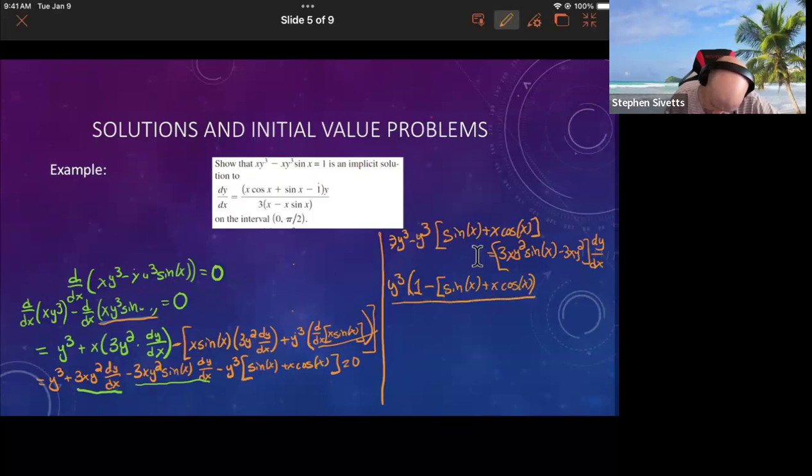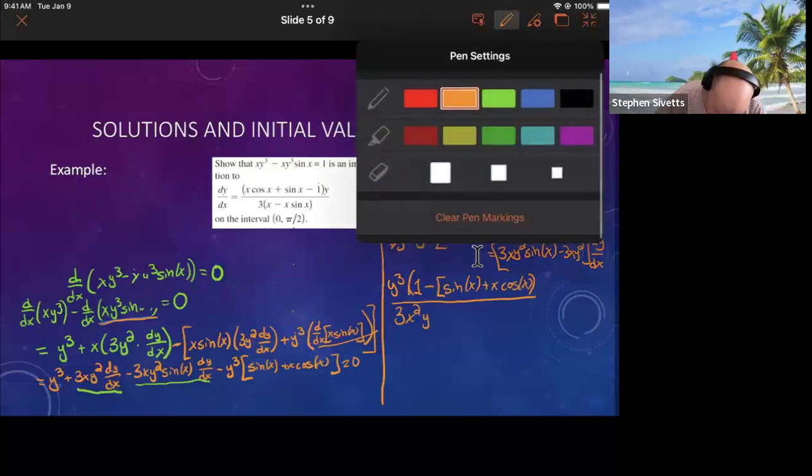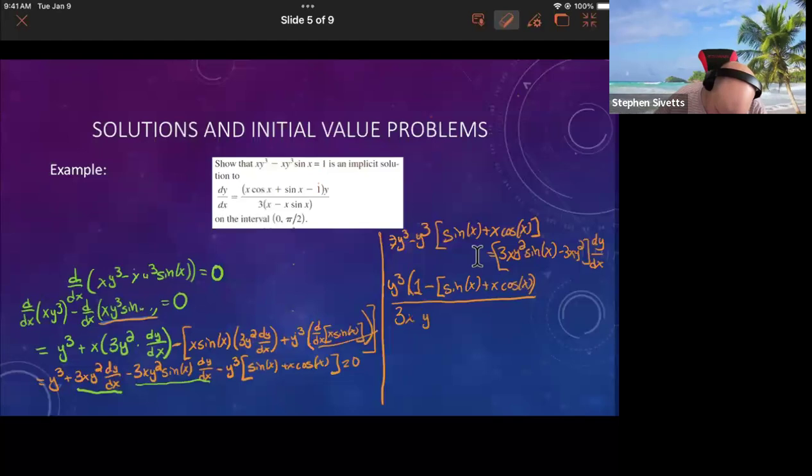Divided by 3x y squared, sine x minus 1 equals dy/dx.